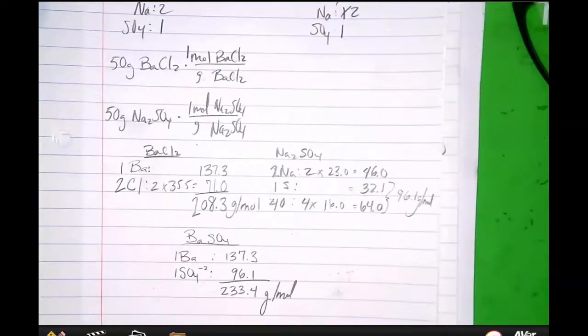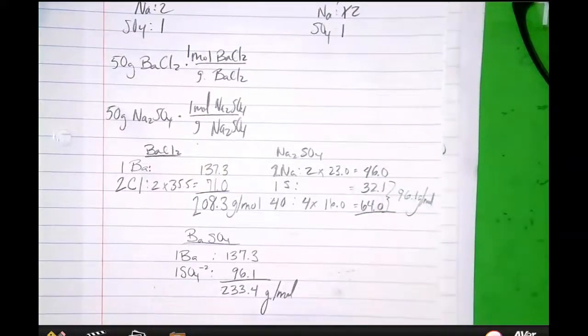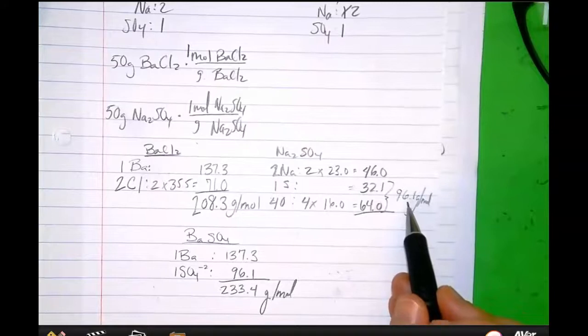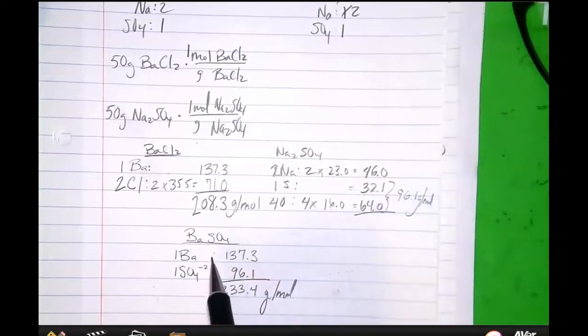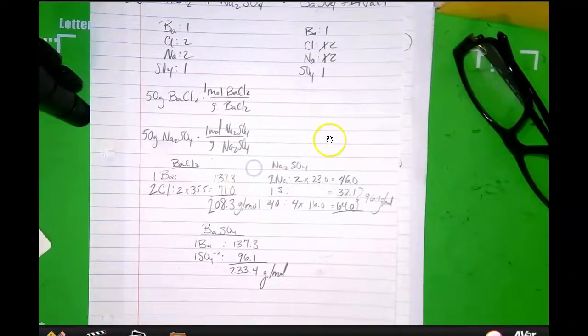Okay, so I calculated all the molar masses. I did barium chloride here. I still need to add up the sodium sulfate here. But I did make note that a sulfate ion is 96.1. I knew I was going to have to do barium sulfate because that's where we're heading.